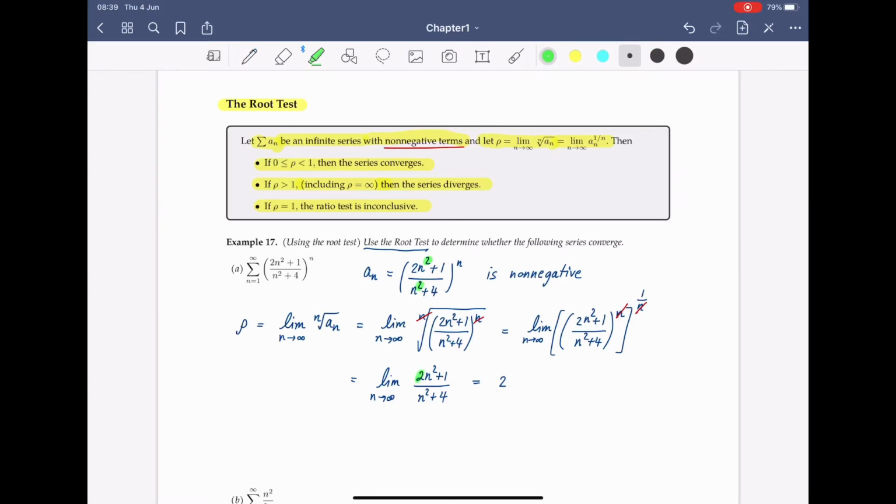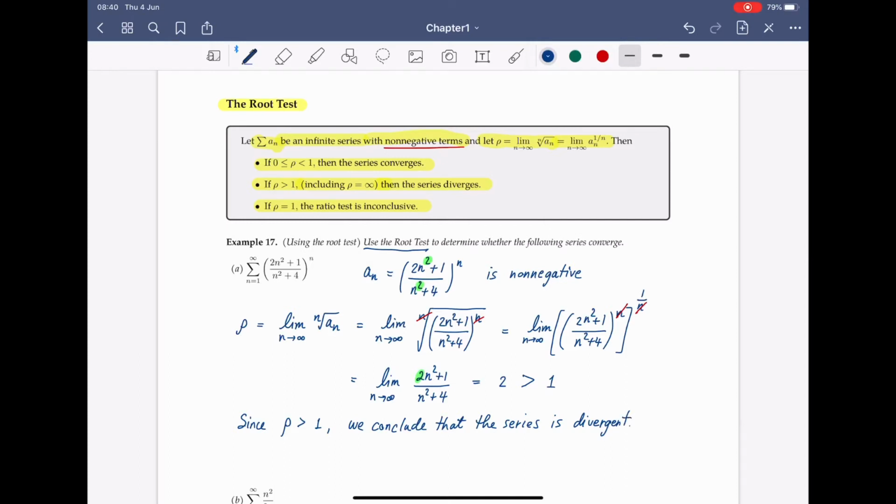So it's 2 over 1, which is 2. This is a technique from Cal 1, and this is bigger than 1. So since your rho is bigger than 1, we conclude that the series is divergent.